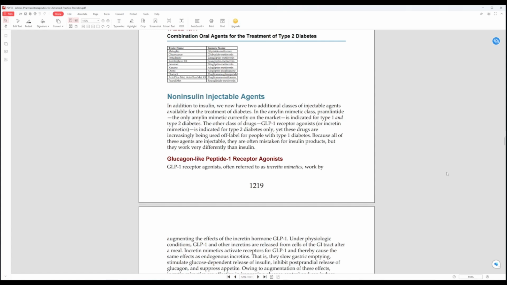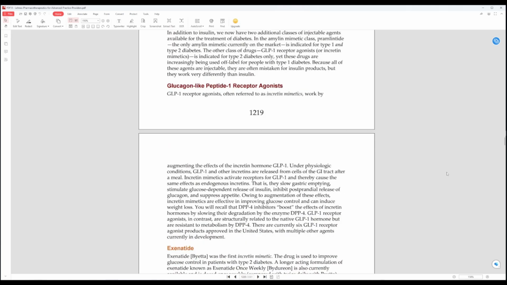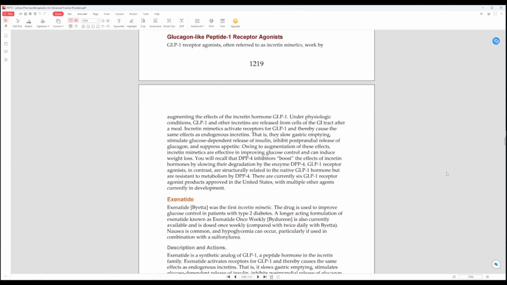The other class of drug, a GLP-1 receptor agonist, is indicated for type 2 diabetes only. Yet these drugs are increasingly being used off-label for people with type 1 diabetes. Because all of these agents are injectable, they are often mistaken for insulin products, but they work very differently than insulin. So, the first being the glucagon-like peptide 1 receptor agonists.